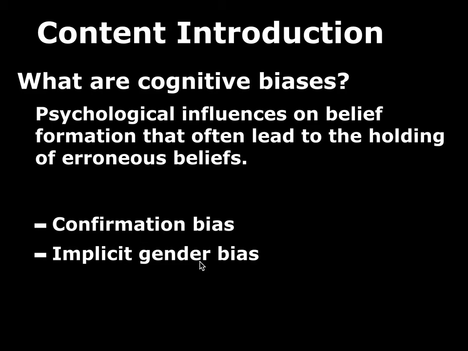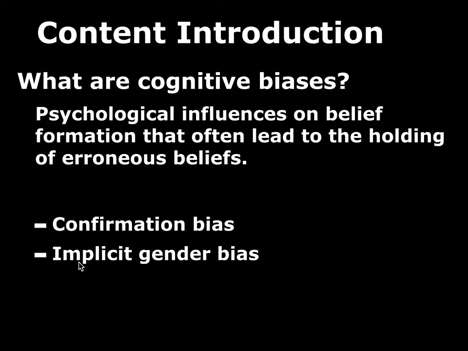So it shows up for gender, it shows up in race, it shows up in age, culture, religious affiliation, all kinds of social categories. You can see this sort of bias. But we don't have a huge amount of time in this course, so I'm going to focus on gender bias. But just be advised that the sorts of biases that we see in gender also appear in the case of race and a lot of these other categories.